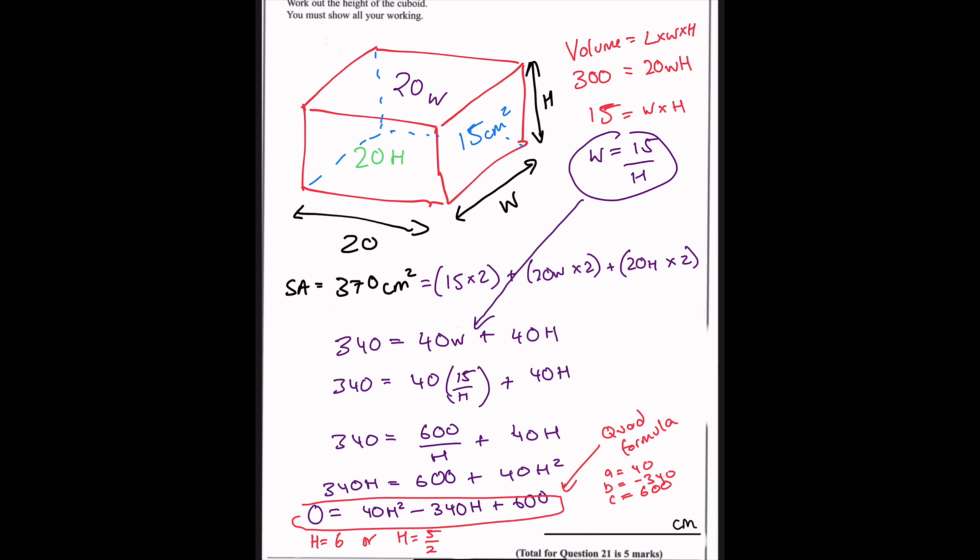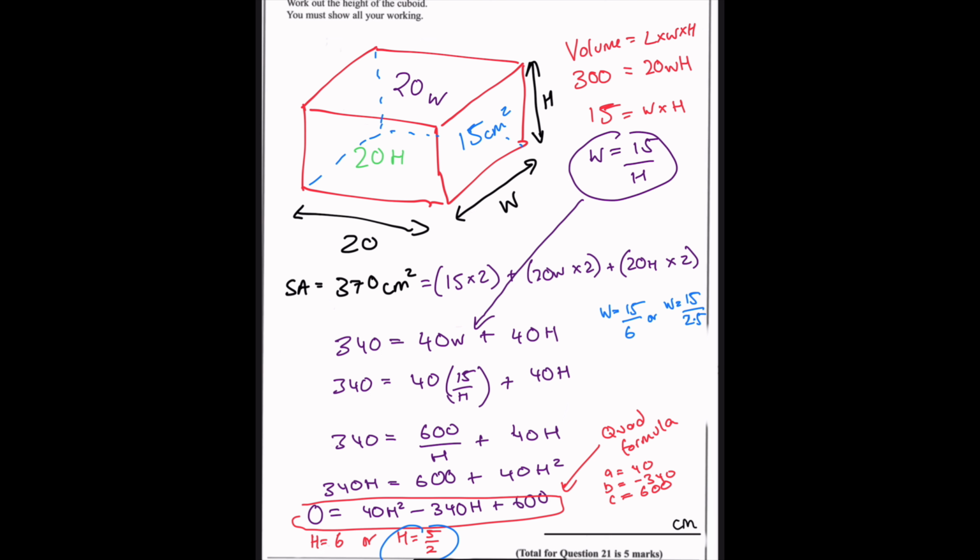Okay, so we need to substitute that into wh equals 15. Let's have a look at that. If we substitute that in here, w equals 15 over 6, or w equals 15 over 2.5 from this 5 over 2 thing.